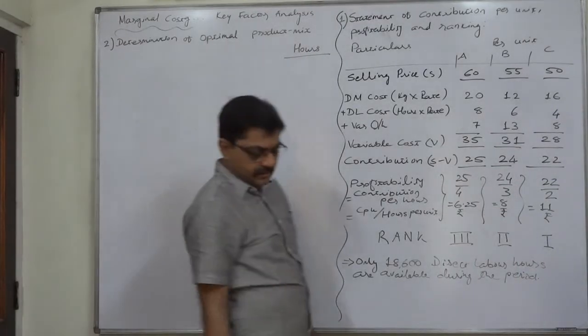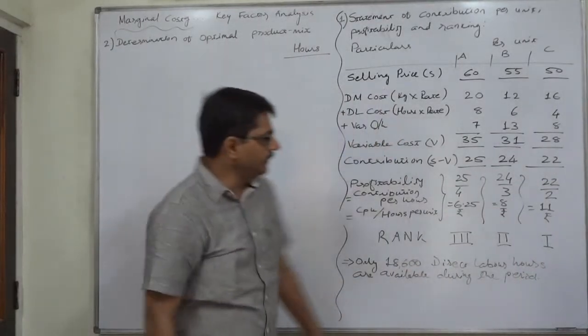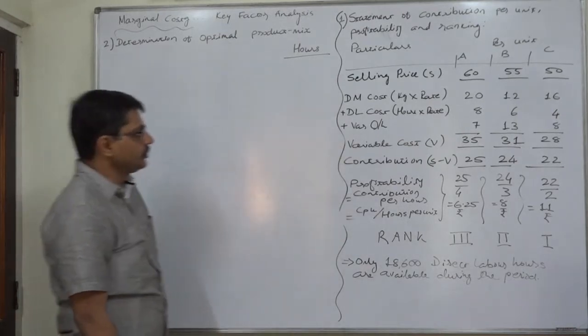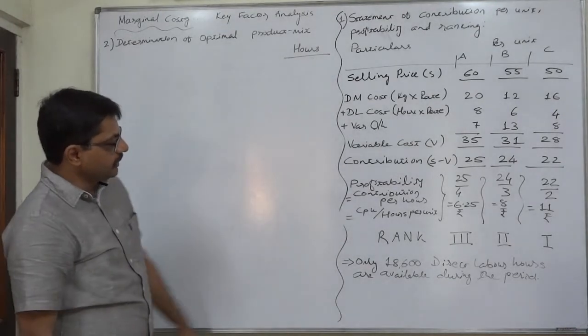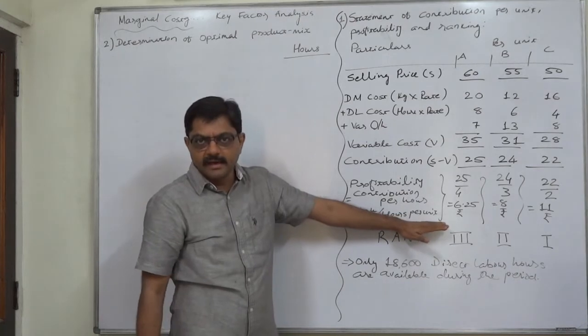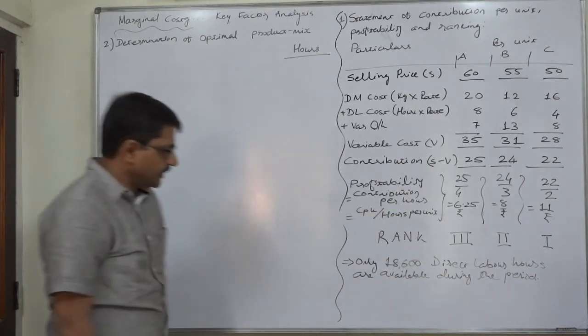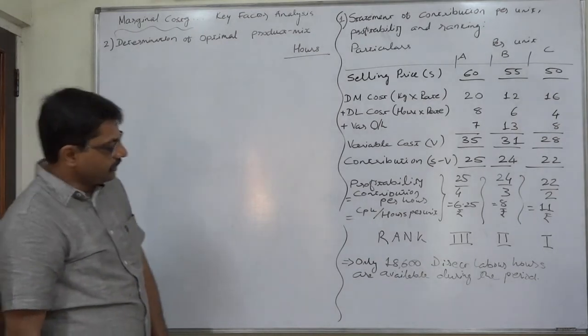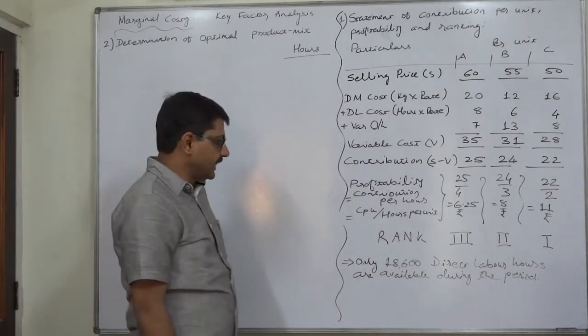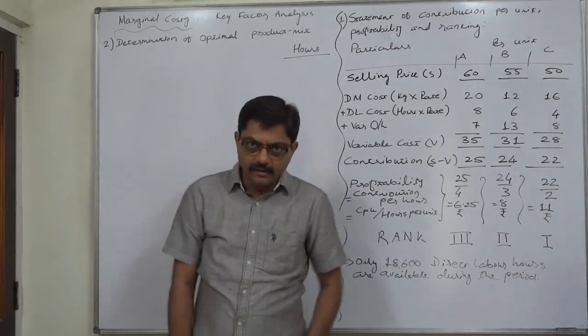Hello and welcome back. In the previous lecture, we prepared a statement showing calculation of contribution per unit profitability when direct labor is the key factor and ranking according to the profitability. Now we know that only 18,600 direct labor hours are available during the period.